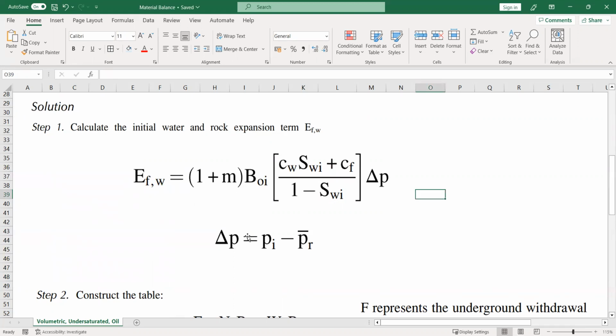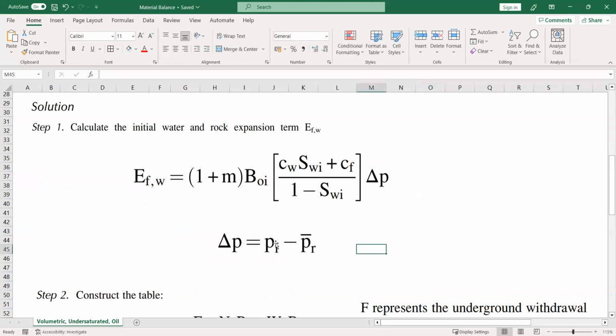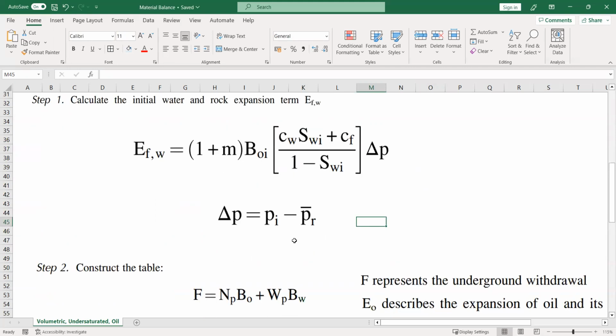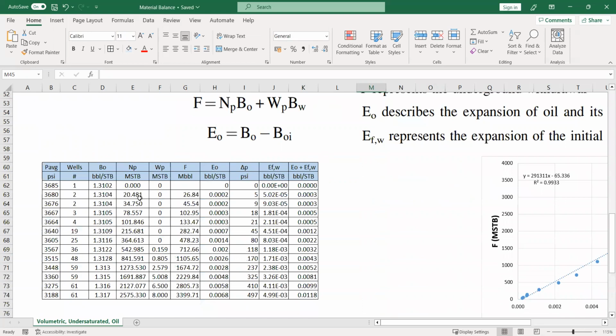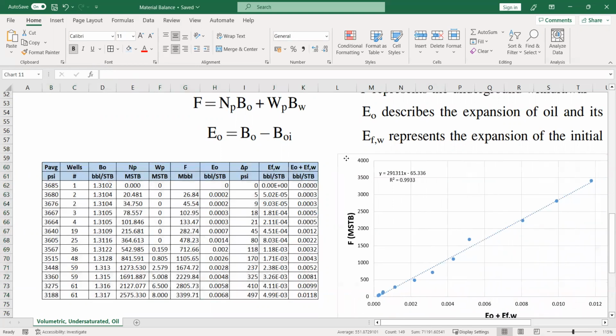We also need to calculate the delta pressure, which is the initial pressure minus the average reservoir pressure in time. Then we need to construct the material balance table like this. Using the results that we have, we create a plot like this.